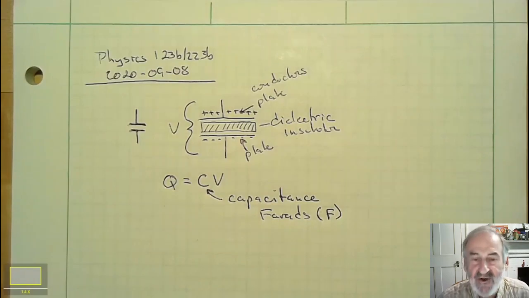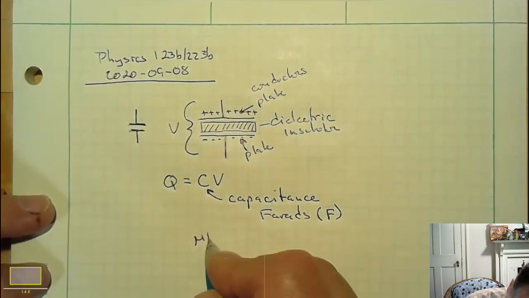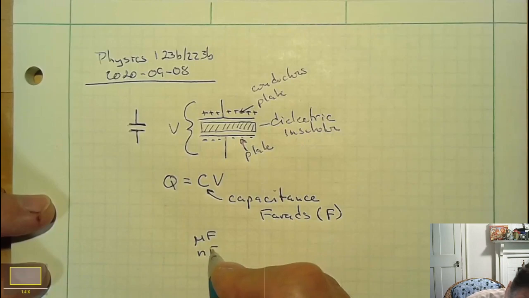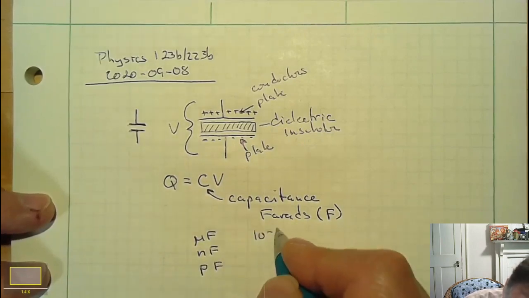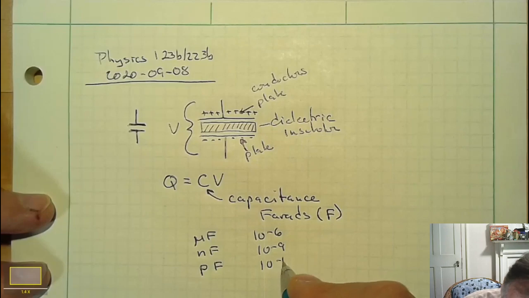Now, 1 farad is actually a really huge amount of capacitance, and in this course we'll mostly be using microfarads, nanofarads, and occasionally picofarads. So this is 10 to the minus 6th, 10 to the minus 9th, and 10 to the minus 12th.